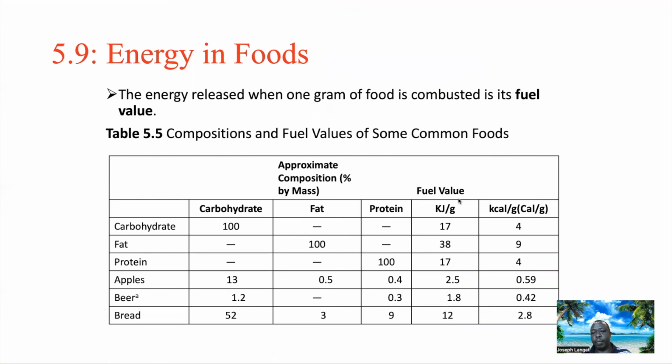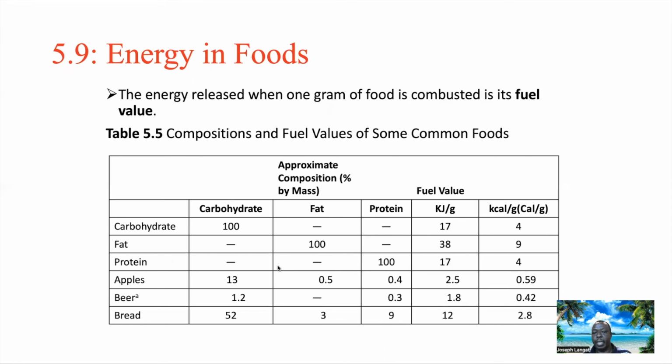Problems could ask you to calculate the value in kilojoules or in calories. You are given 4 calories per gram for carbohydrate, 9 calories per gram for fat, and 4 calories per gram of protein.